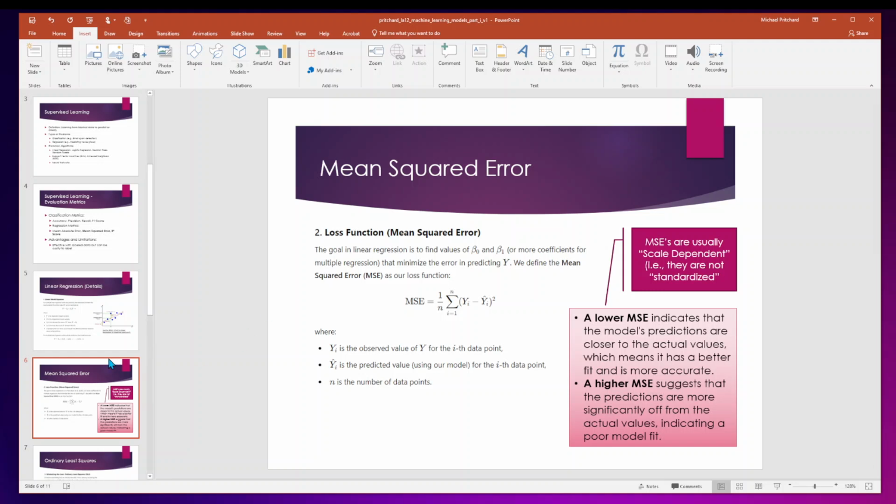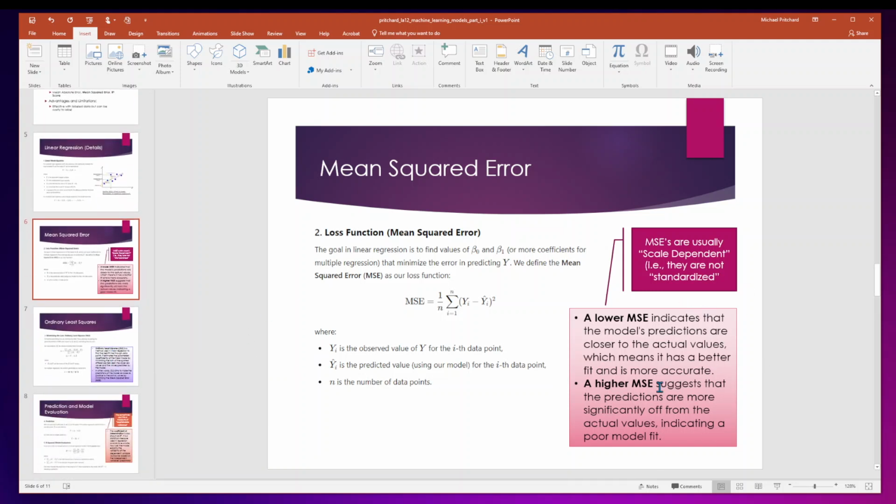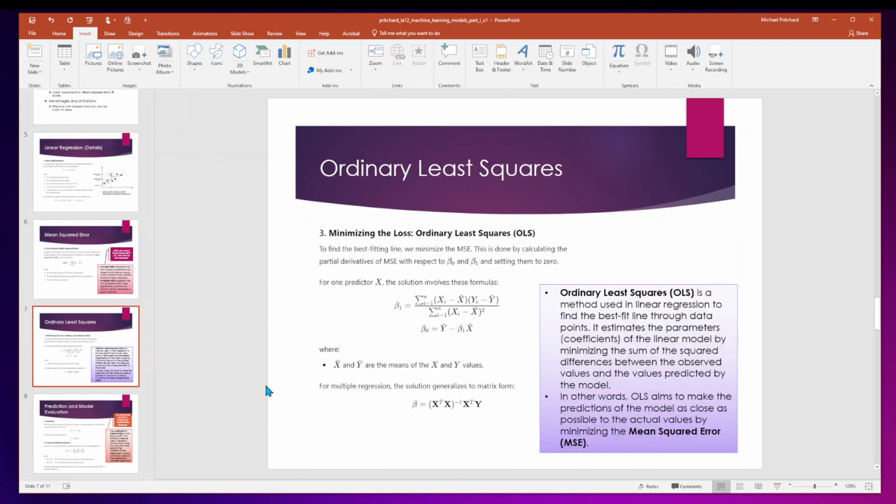Okay. All right. So that's the MSE, and then another one is this. This isn't an evaluation metric. This is a way for us to influence an evaluation metric, through what's called ordinary least squares, and OLS is a way to minimize loss.